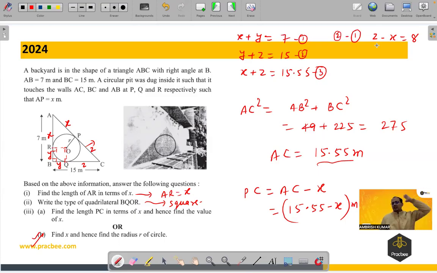Let us say this is equation number 4. Now we can add the third equation with the fourth equation.